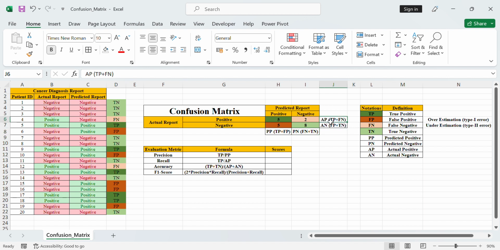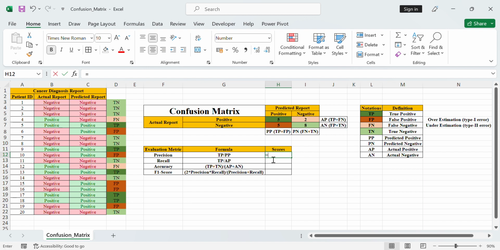AP means actual positive, AN means actual negative. So as the formula says, TP divided by PP, that means truly predicted as positive divided by total predicted positive. So TP is here 5.